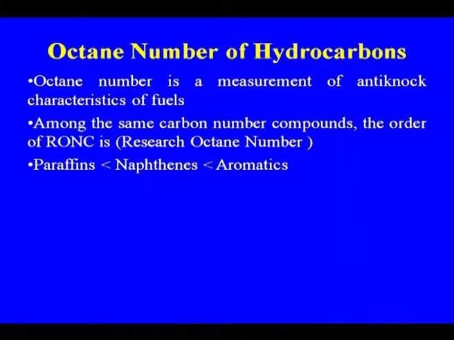Among the same carbon compounds, the order of research octane number is paraffins, naphthenes and aromatics. Paraffin will have the lower octane number, then naphthenes, and the highest is in case of aromatics.